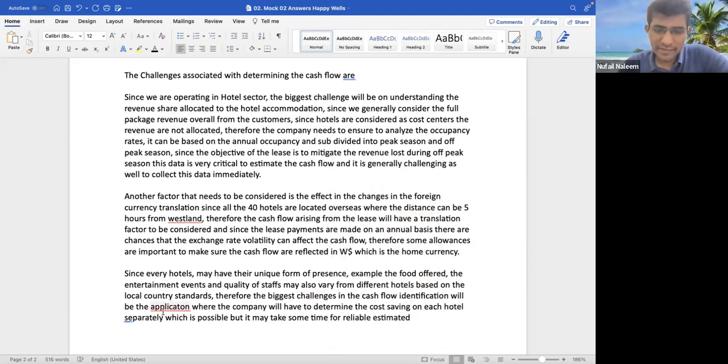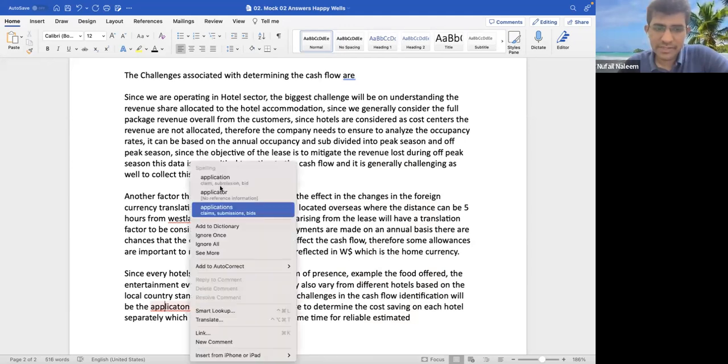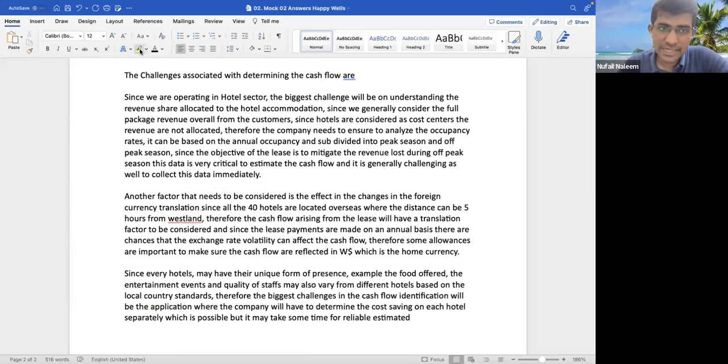So can I get a confirmation from you all in the chat box, students, if you are fine with this? A student will get a provision in the exam. That means a student will pass in the exam if he only mentions this cost center. And also students, these are the key things that need to be there. That is full revenue package.